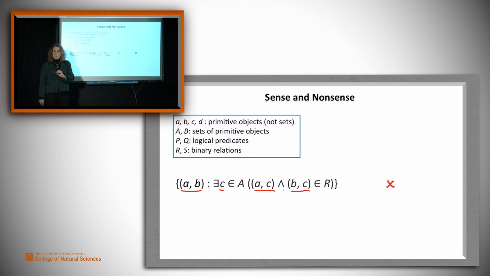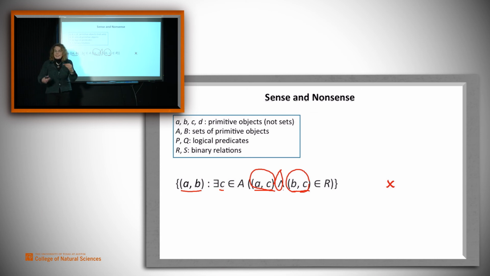Why? All right. AC is an ordered pair. BC is an ordered pair. And is a logical operation. Can we and things that are not logical claims? All right, so what might somebody have been trying to say?